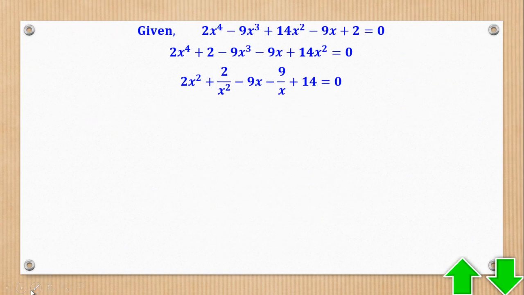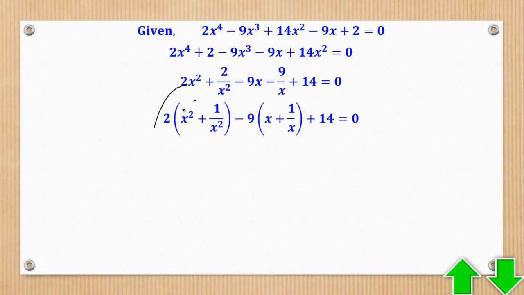So what I've done, I've divided throughout by x squared. This by x squared you get this, by x squared you get this, by x squared you get this, by x squared you get this, by x squared you get this. Then I can factorize out 2 here to remain with this, okay? Negative 9 here to remain with this, and this remains alone. So I think you have seen that you have got something similar, isn't it?